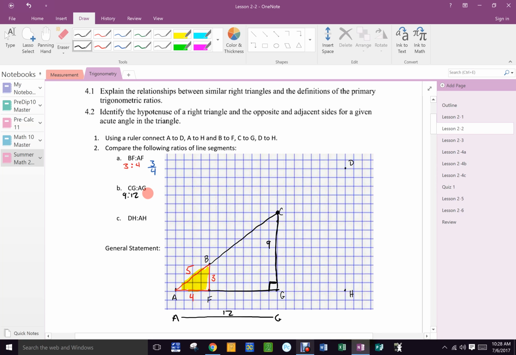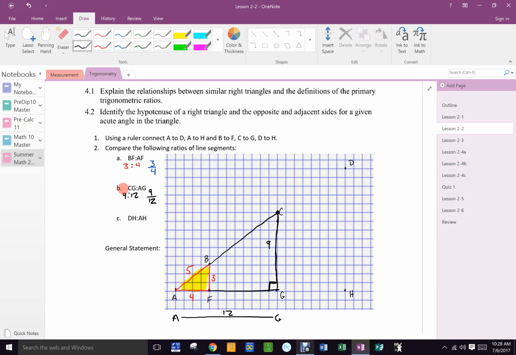Now, when I write that as a fraction, 9 over 12, would your grade 3 teacher be happy if you left it that way? Sydney? Because I wrote CG first. Would your grade 3 teacher be happy with 9 over 12? 3/4, right?